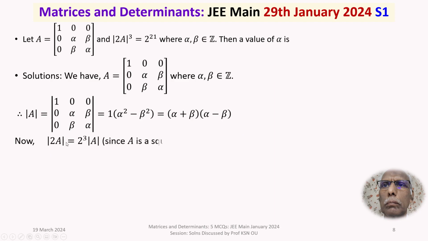Now determinant of 2A is equal to 2 cube into determinant of A. And we have the formula, determinant of kA is equal to k power n into determinant of A, where n is the order of A and k is this constant. So here determinant of 2A will be 2 cube, because A is a square matrix of order 3, that is why it is 2 cube into determinant of A. Right.